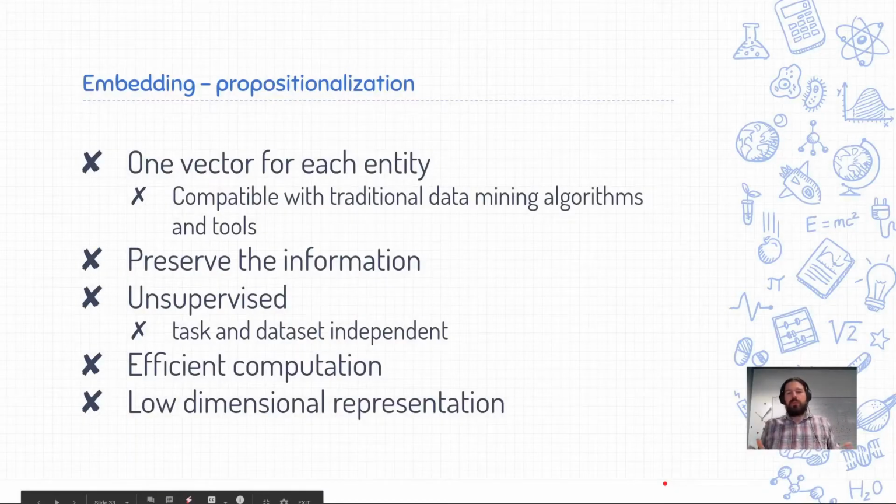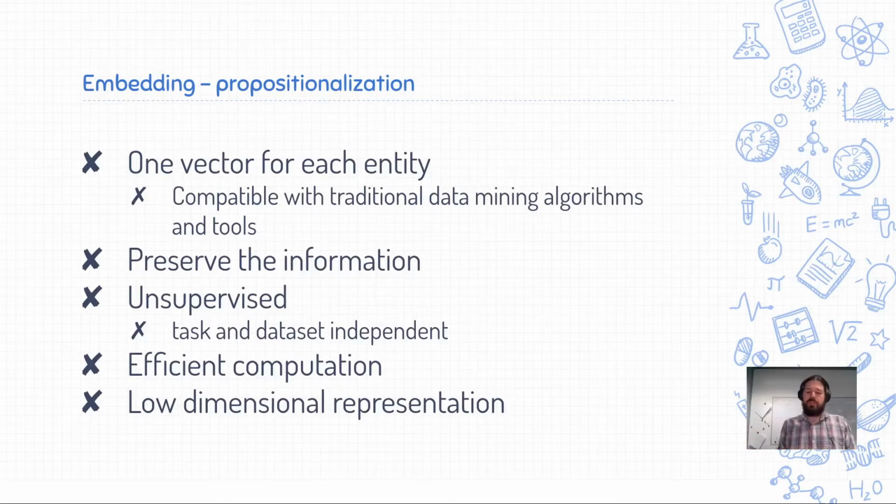What we are doing is also called propositionalization. We create one vector for each entity or each node in the graph. It should be compatible with traditional data mining algorithms and tools, and also other machine learning tools or networks.